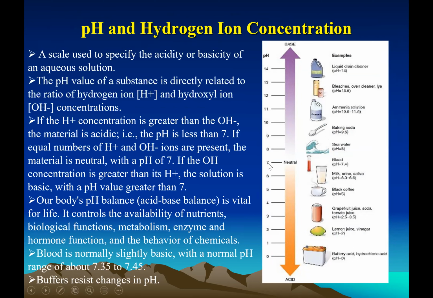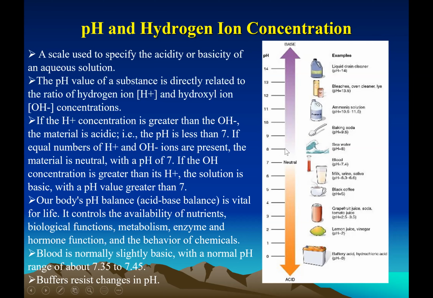So water is H2O. It can split into hydrogen and hydroxyl ions. If the hydrogen and hydroxyl concentrations are the same, it is called pH 7 or neutral. Good example being the water that we drink. And our blood is slightly alkaline, which is pH 7.4.